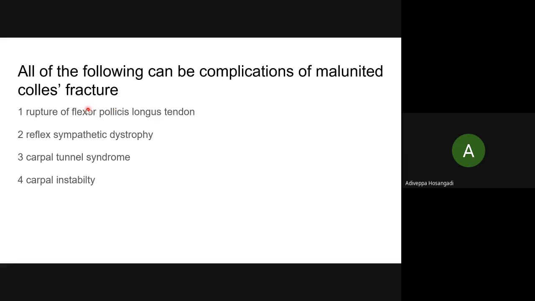So what is the anatomy of the extensor pollicis longus? It deviates at the Lister's tubercle from medial to lateral. Lister's tubercle is in the distal end of radius. In malunion, because of attrition, frequent rubbing, friction, it can get ruptured. Here you have to read carefully. Here they have given flexor pollicis longus. Nothing happens to flexor pollicis longus.